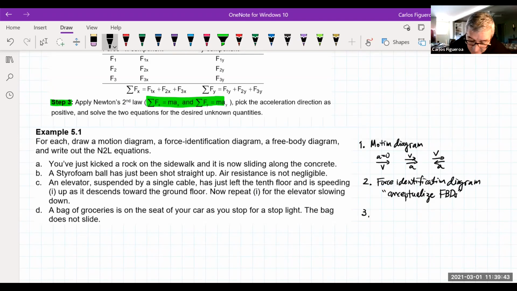And then the third thing here is that we draw a free body diagram, and this is a mathematical picture. That means your picture should immediately allow you to write out the N2L equations.